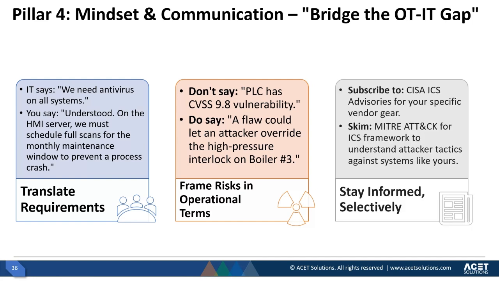And if you don't know what is happening on the plant side or in the industry, you need to subscribe to CISA ICS advisories, or even MITRE ATT&CK. You can check them and understand what tactics hackers are using against OT environments.